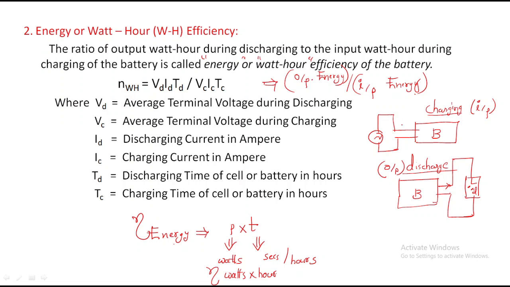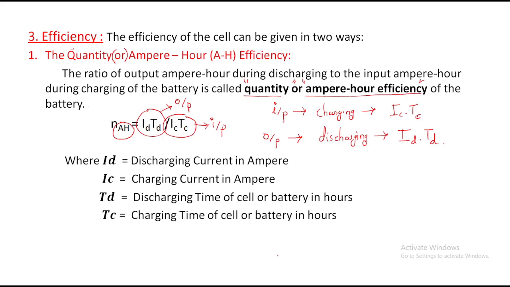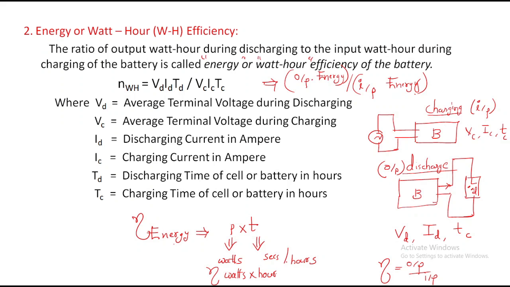During charging, there are terminal voltage, charging current and charging time. Here also there are discharging voltage, discharging current and discharging time. Efficiency is simply output by input, the output being the discharging process and the input the charging process. For ampere hours we take only current and time, but here we consider the voltage also.